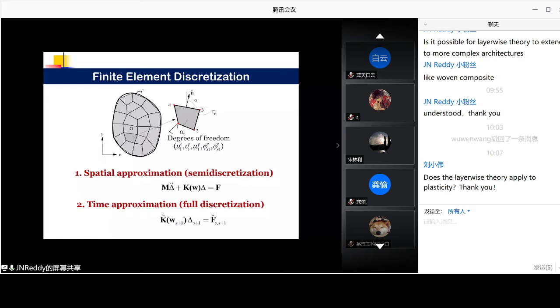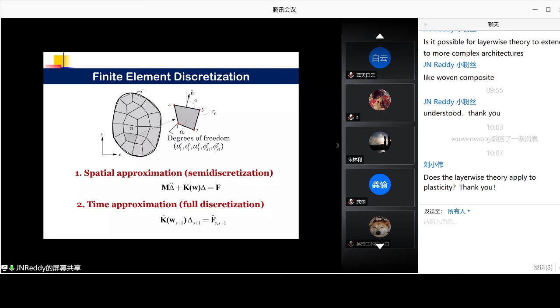Now, when you go through the approximation of the variables, I'm showing here the degrees of freedom at each node would be U, V, W, phi x, phi y. So you know, the 3 displacements and 2 rotations. I want to remind you that U, V, W here are not the total displacements. Like in the layer-wise theory, U, V, W are the 3 total displacements at a point.